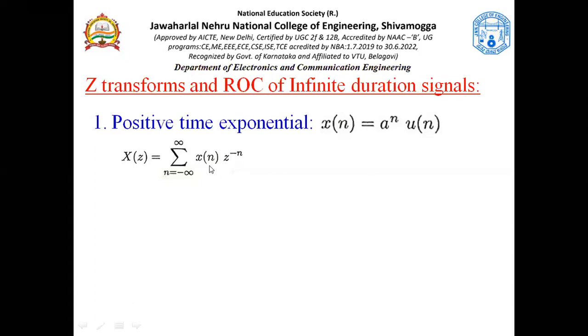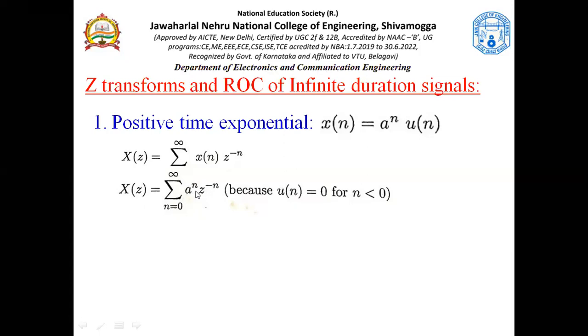So what we're doing, we have x of n in this place. So in this place x of n needs to be brought in, which is given as a to the power n u of n. So in the next step, that is what is being done. In this next place, a to the power n u of n should have been there. And why is u of n not there? Because u of n is 0 for n less than 0, and it is 1 for 0 to infinity.